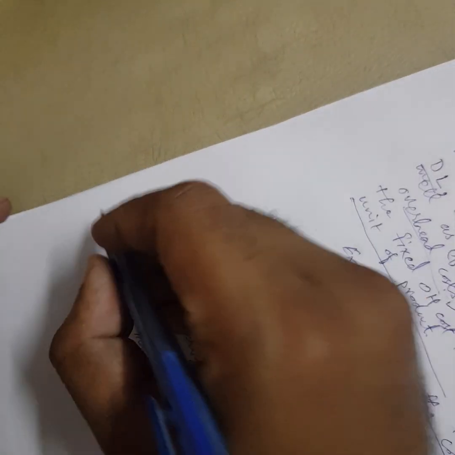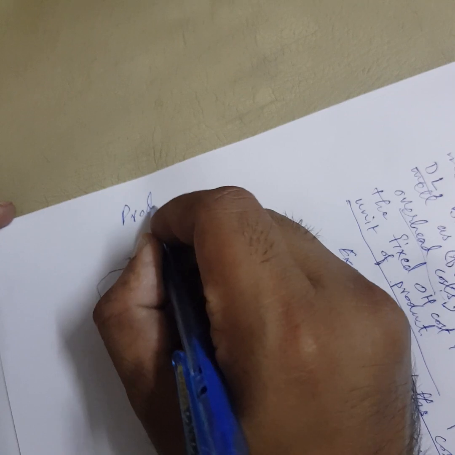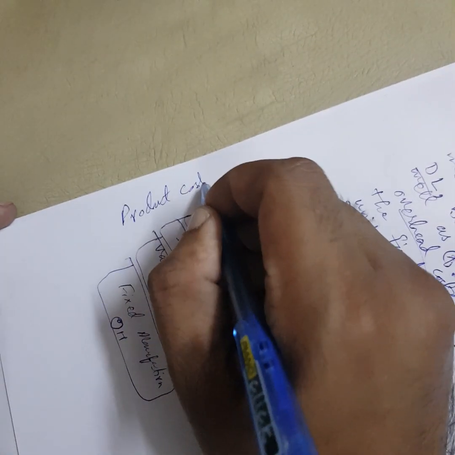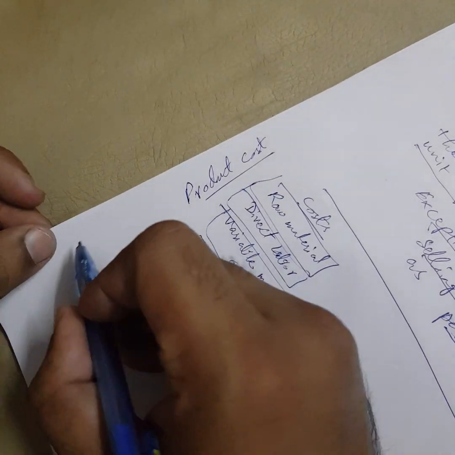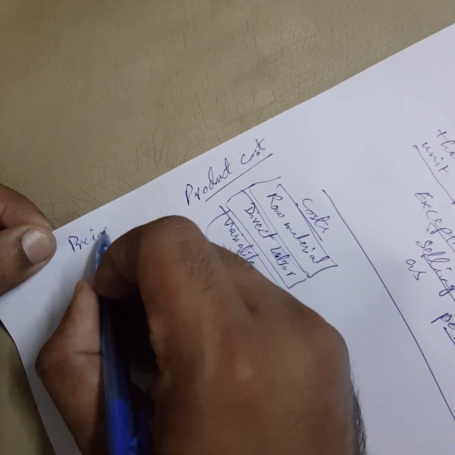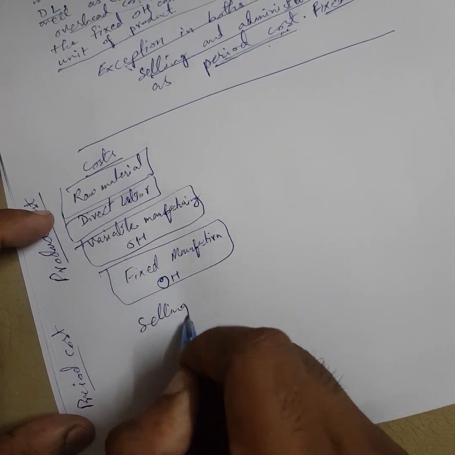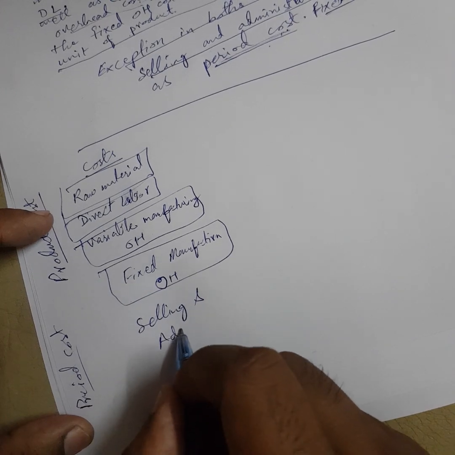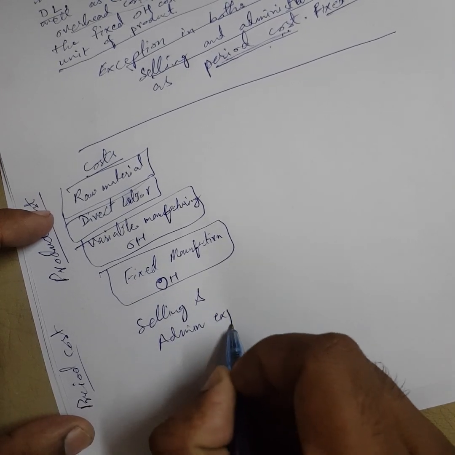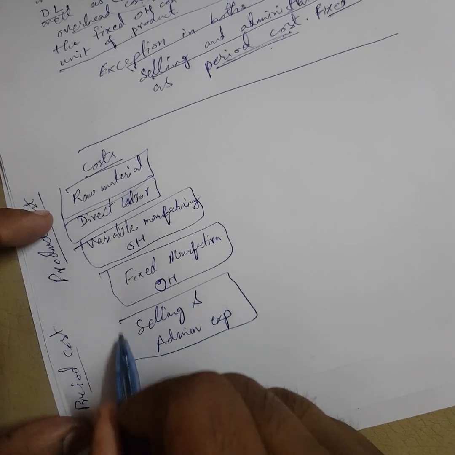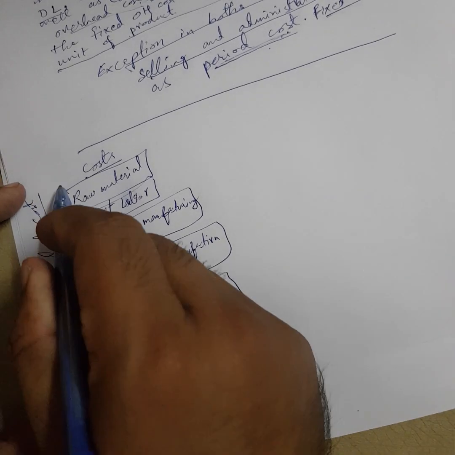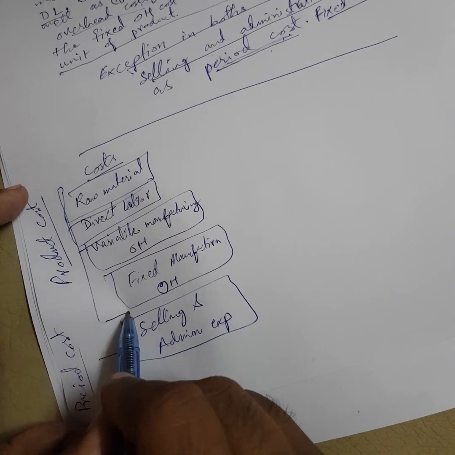All these are relevant to product cost. And also there is period cost, that you all know. All the selling and admin expenses are period cost, and all these others are product cost.